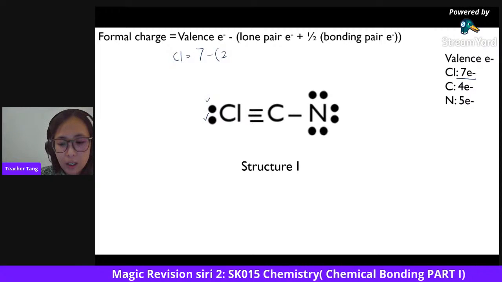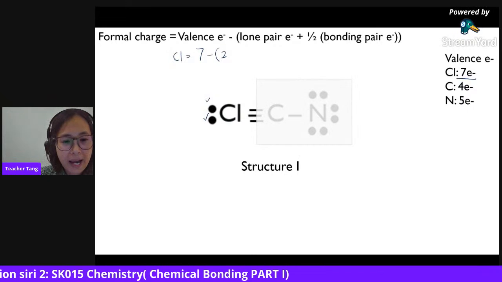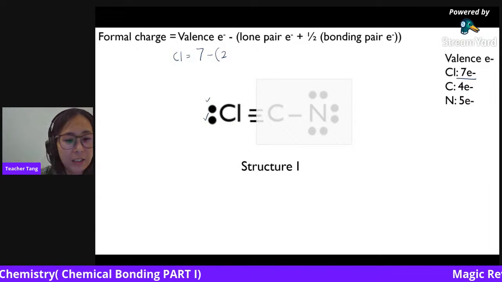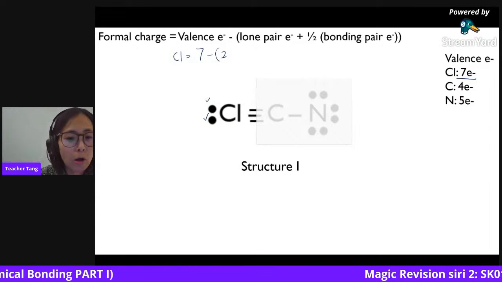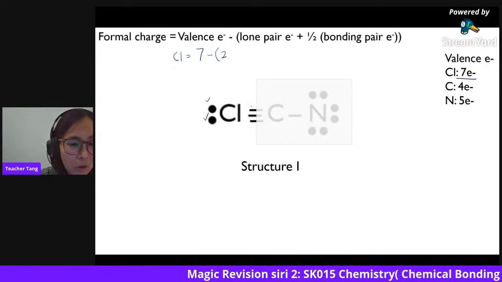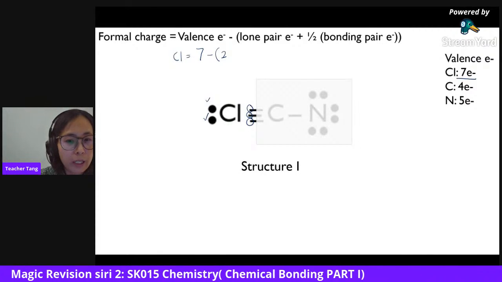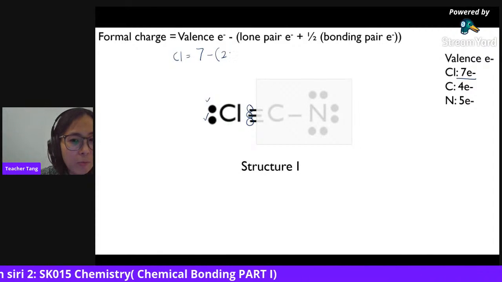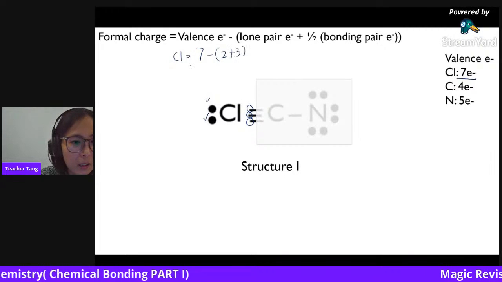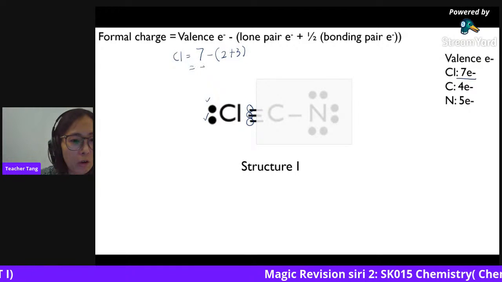My method is to cover half of the bonding pairs and only count the electrons that belong to chlorine. After you cover half of the bonding pair, only 1, 2, 3 electrons belong to chlorine. So the half bonding pair electrons here is 3. So this gives the formal charge for chlorine as +2.